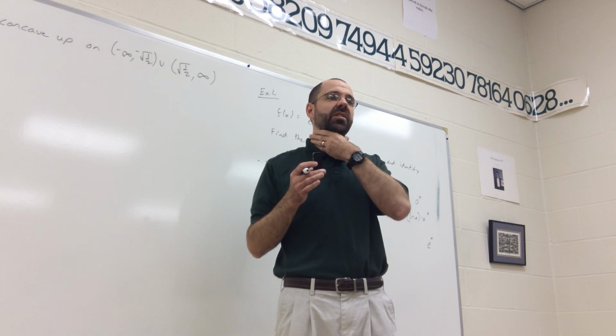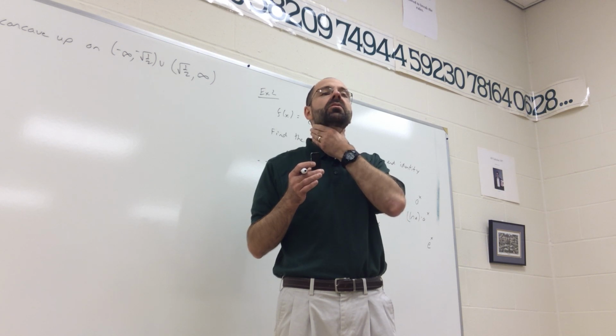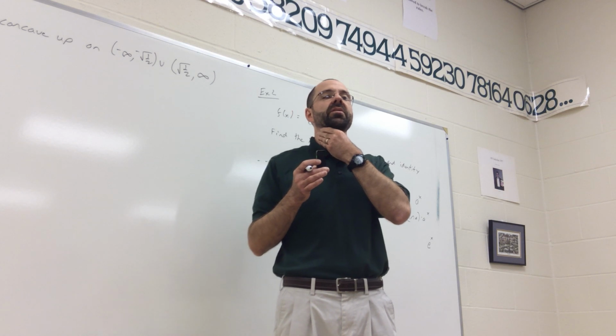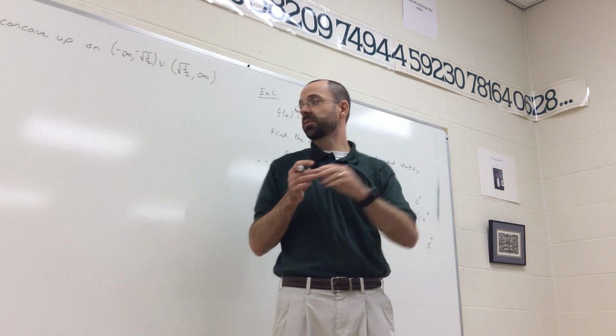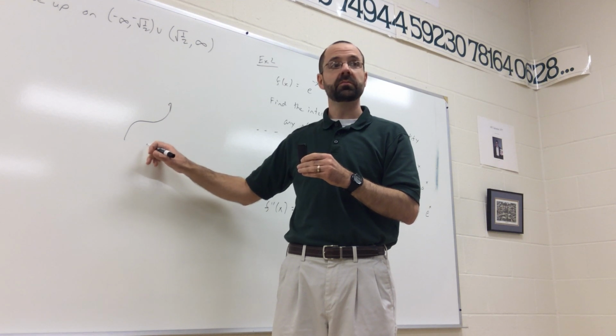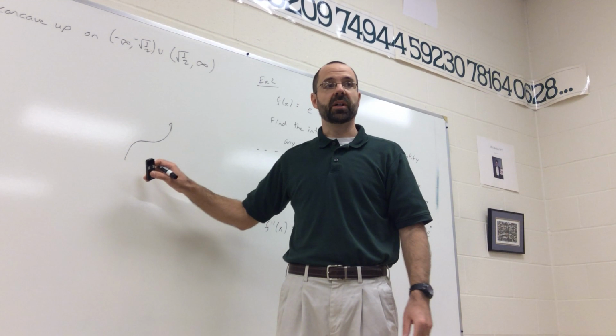So if you found out the intervals of increase, decrease for that, the cutoff value would be 0. It's the last example from yesterday. Are you with me? It was just a graph that looked like this, at 2. That's the one I'm talking about.